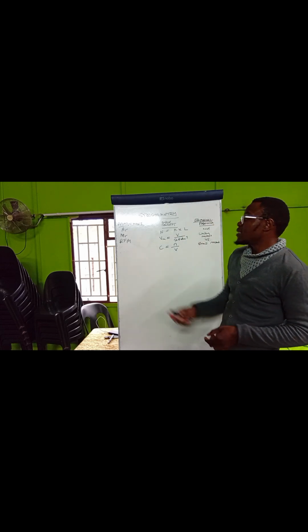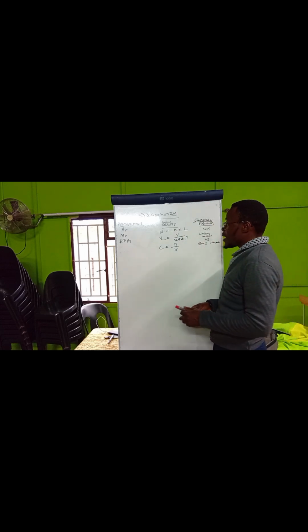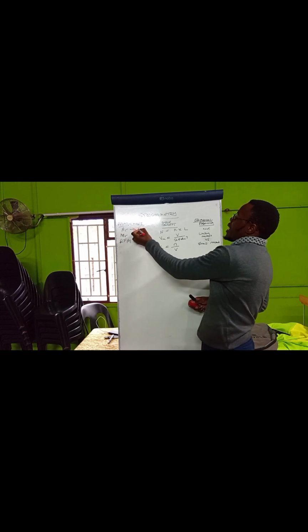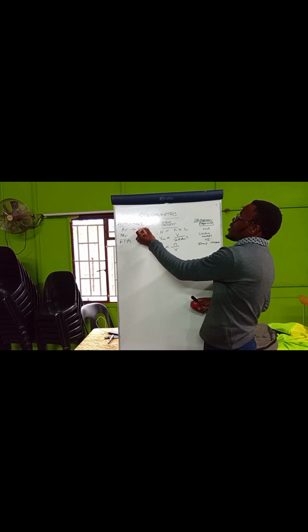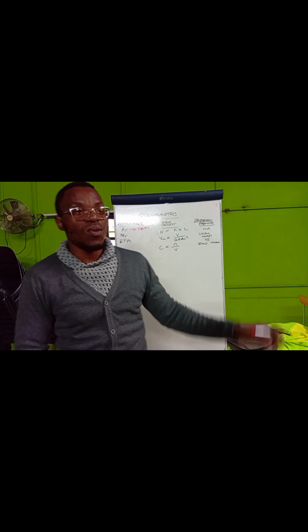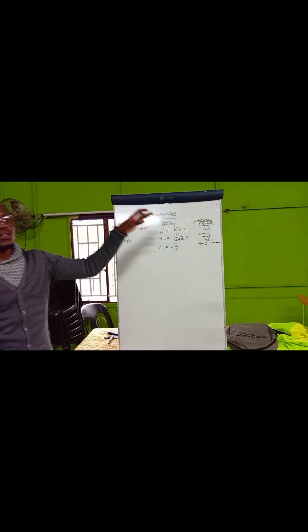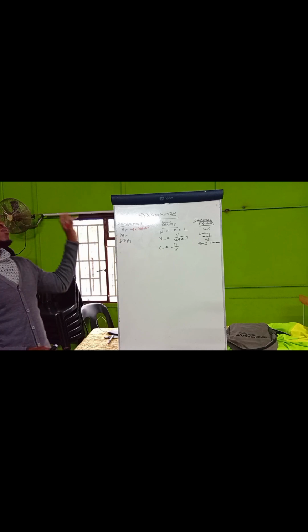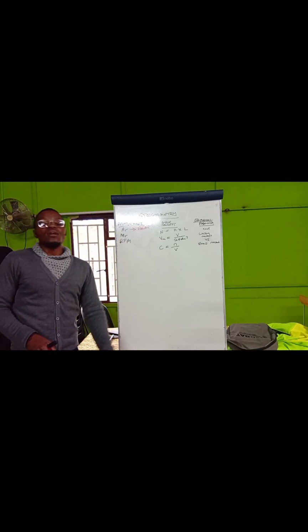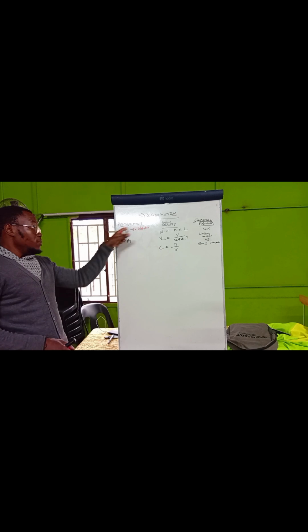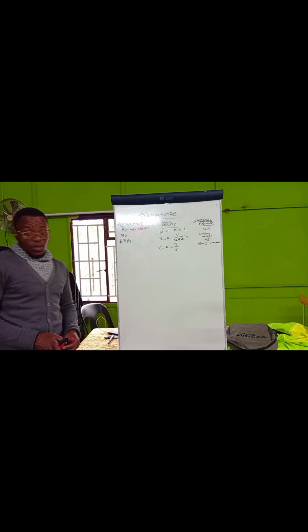Now, when you're looking at the relative atomic mass, this is basically on an individual element. For instance, in the periodic table, you've got hydrogen, carbon, oxygen, fluorine, and any other. So in that case, we'll be looking at the relative atomic mass.